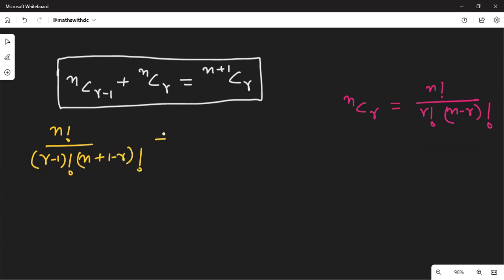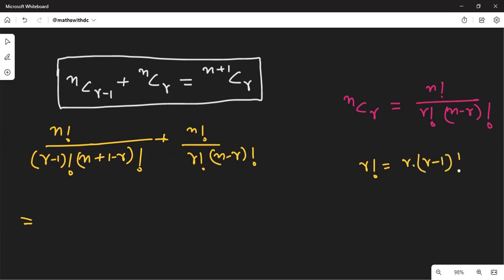And nCr is, again the same formula as the one we have written here, n factorial divided by r factorial and (n minus r) factorial. Now this is going to be equal to, look, r factorial can be written as r times one number less, (r minus 1) factorial.